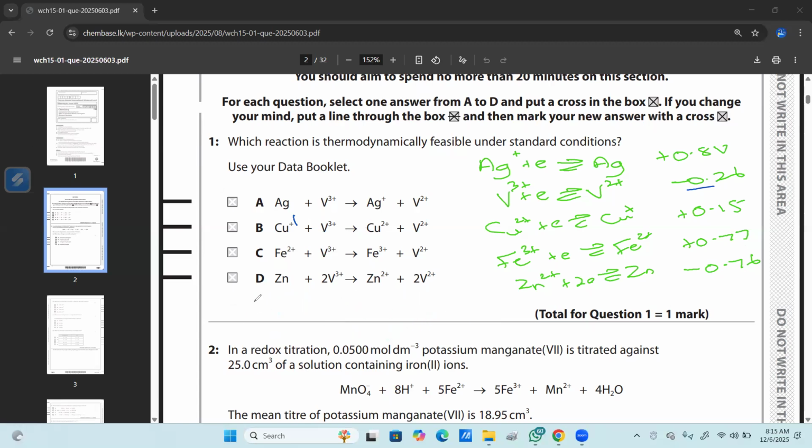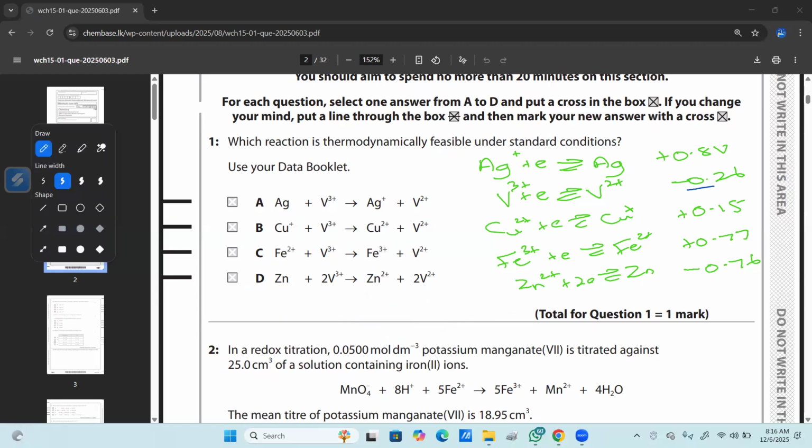Then we'll see the third one. E0 cell equals E reduction minus E oxidation. Here the oxidized one is iron, the reduced one is vanadium. So iron is 0.77. Again, you can see we are getting a negative value, which indicates that the third reaction is also not feasible. So we have only one option left, so we take that as the answer.